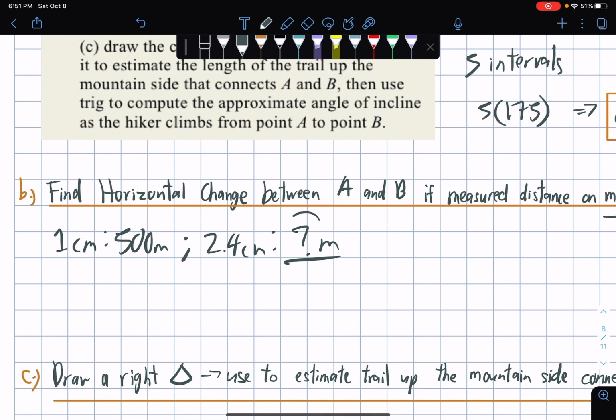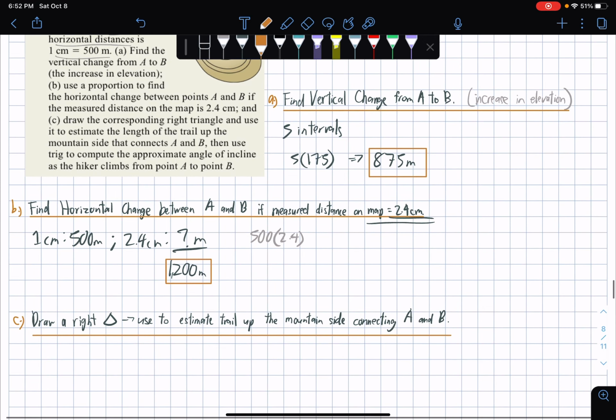The horizontal change is this value. How do we solve it? Basically, 500 times 2.4. That's it. 500 times 2.4 is 1,200 meters. This is the final answer. Pretty basic, eh?